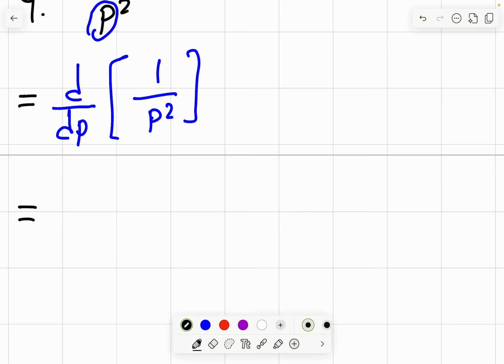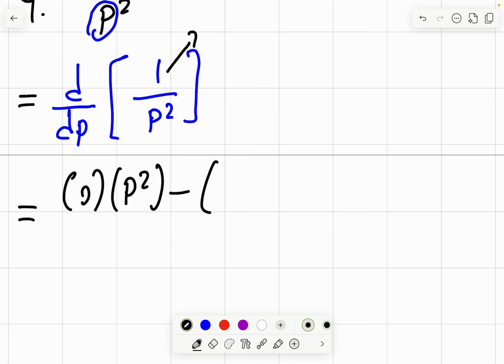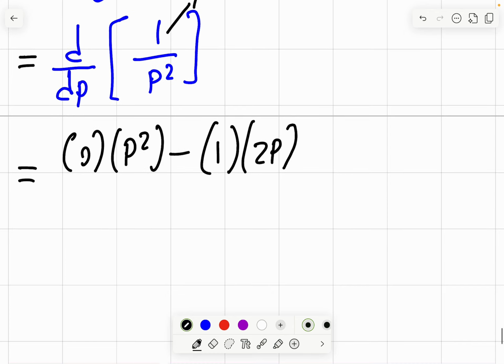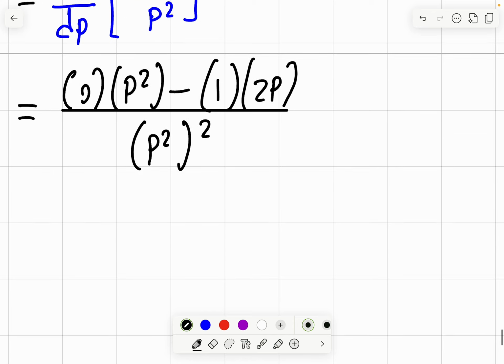I derive the first function, f of x. The derivative of 1 is 0. I multiply it by the p squared in the denominator. I say minus. I keep the 1 in the numerator. Then I derive the second one, which is 2p. Therefore, I'm going to remain with p squared all squared.